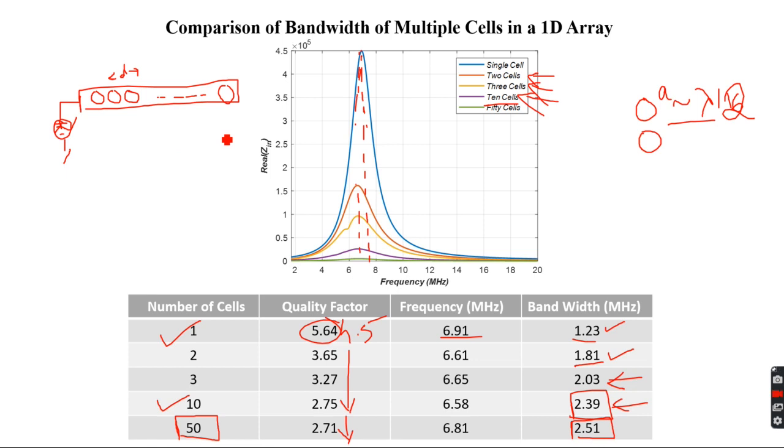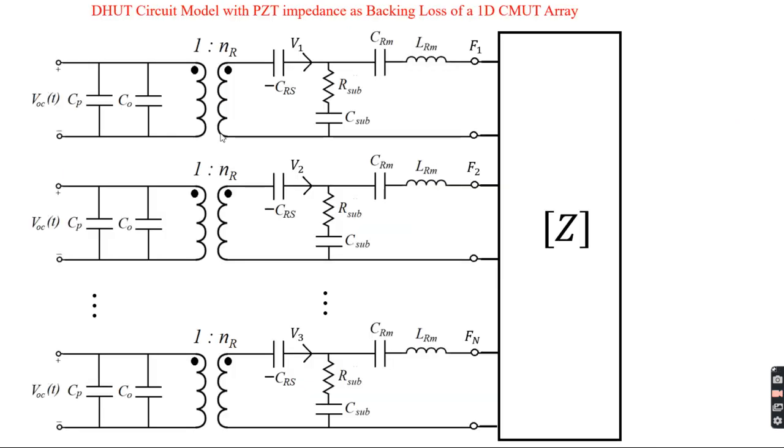The other thing that the bandwidth of a 1D array of CMUT cells can be affected by is the backing. Okay, so for example, if you have a hybrid architecture, there could be PZT at its backing, let's say another transducer, or let's say there is some acoustic backing port that you want to include, then you have to do this.